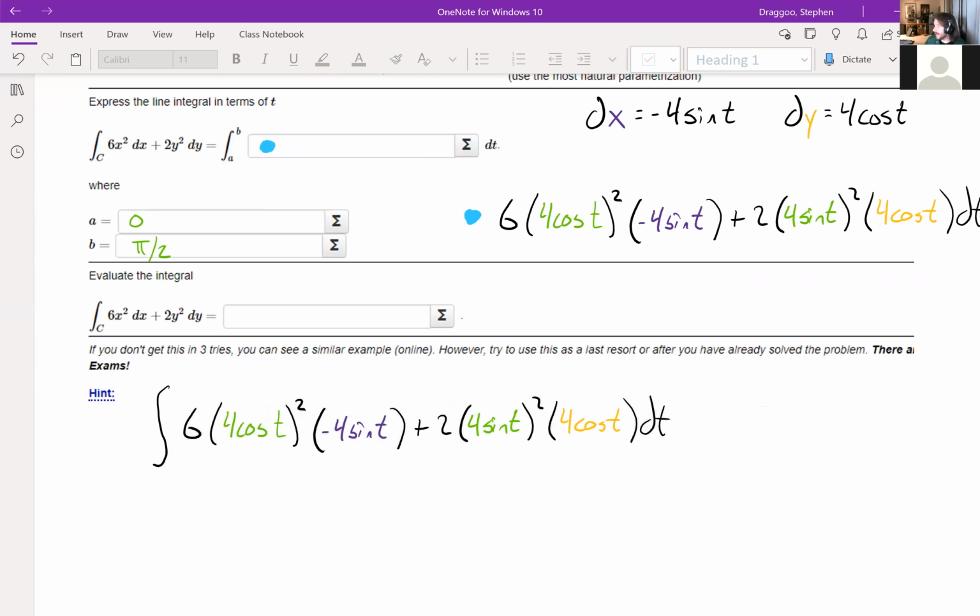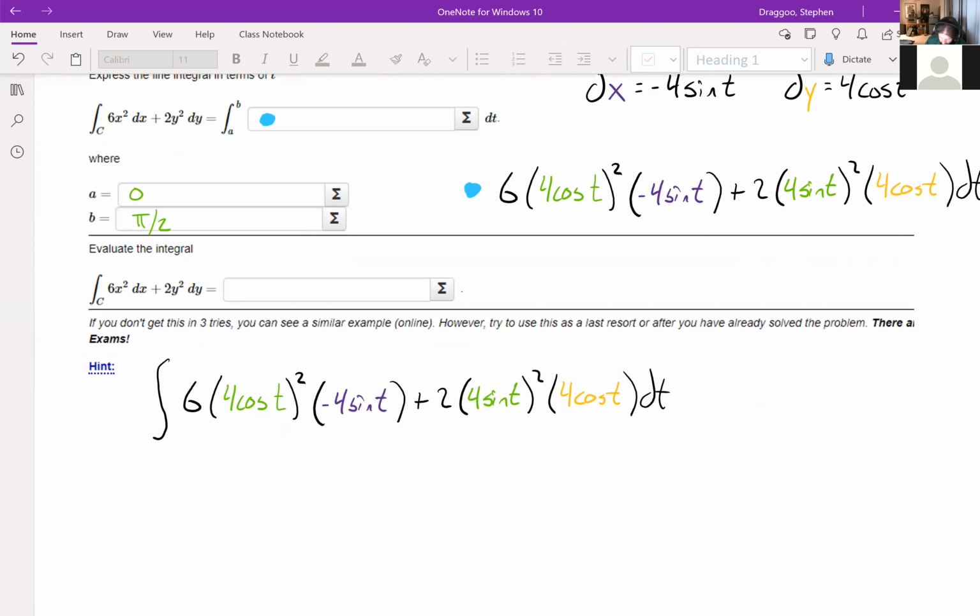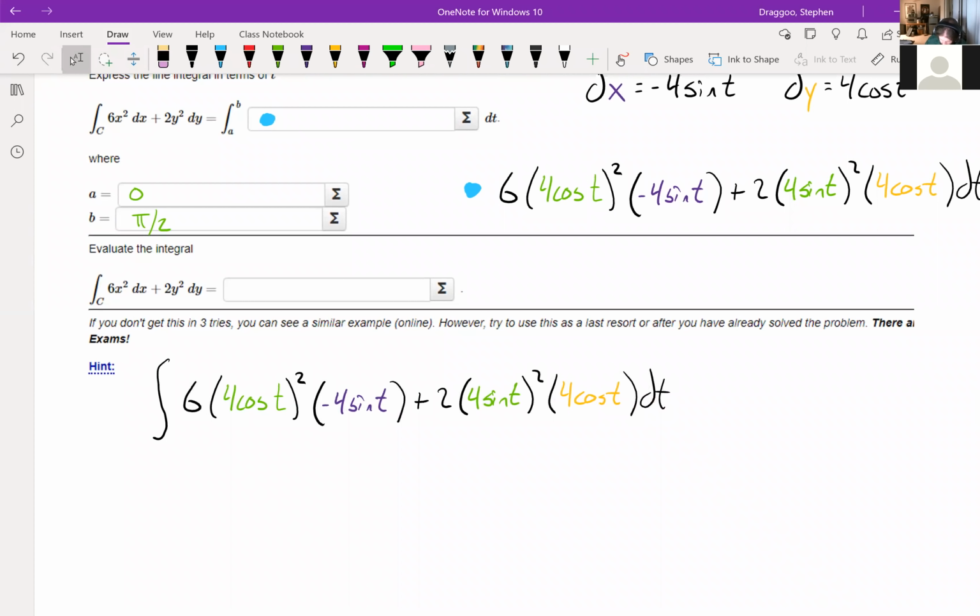Cool, I want to integrate this thing from 0 to pi over 2.